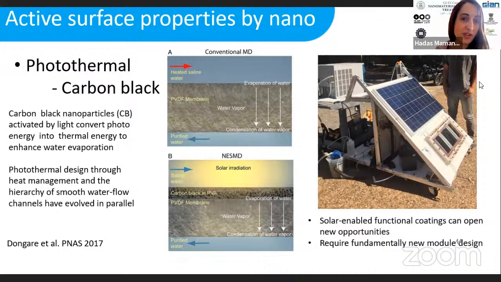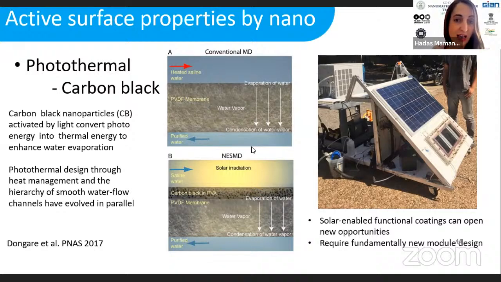And a really interesting feature, I think, is the photothermal carbon black. Carbon black nanoparticles are activated by light, and they convert photon energy into thermal energy. The idea here is to enhance water evaporation. The photothermal design is done through management of the heat and the hierarchy of the smooth water flow channels that are evolved in parallel.